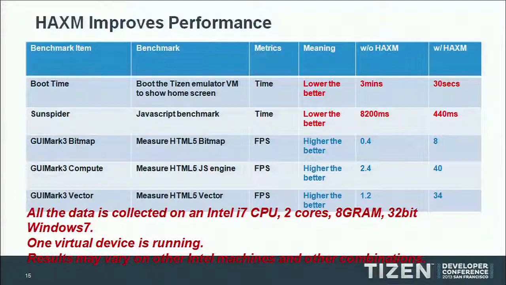This is not good, but it is 20 times better than the without HAXM case. And for the other 2, the data looks better, because if the data is about 13 frames per second, the human eyes will feel the graphic is smooth. Anyway, we can see that HAXM can improve the emulator performance greatly.